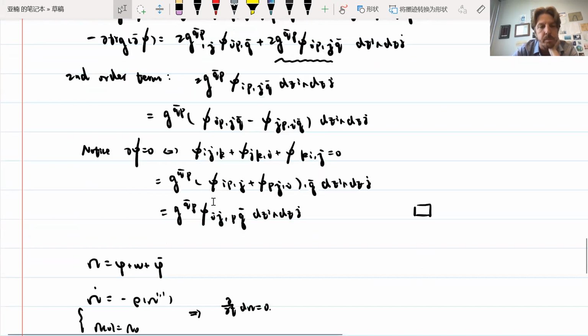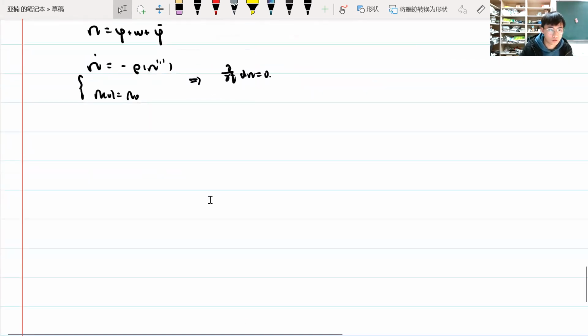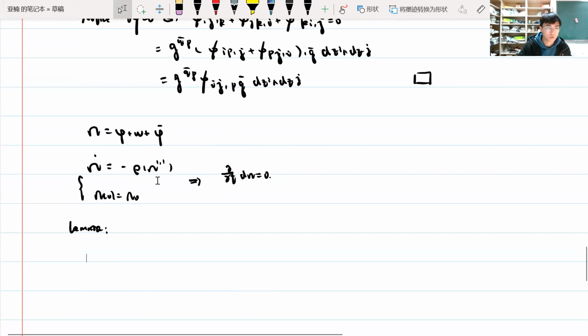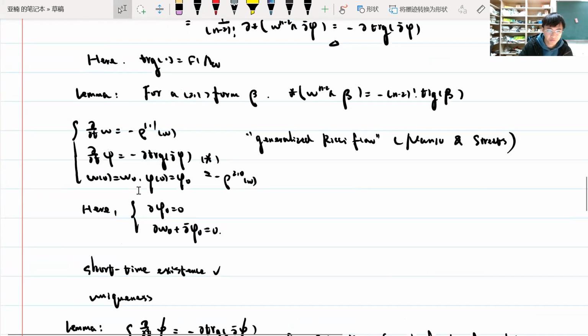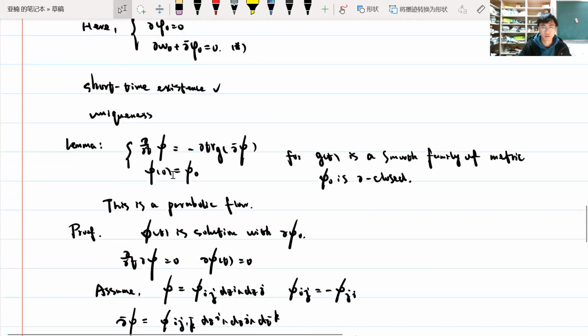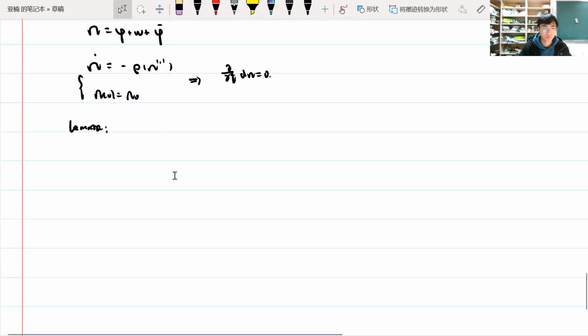Yeah, and I'd like to take a little time to give another viewpoint of the proof, to prove that this equation can preserve this condition, although we have proved it. Now I give another viewpoint. That is, firstly, I state a lemma.